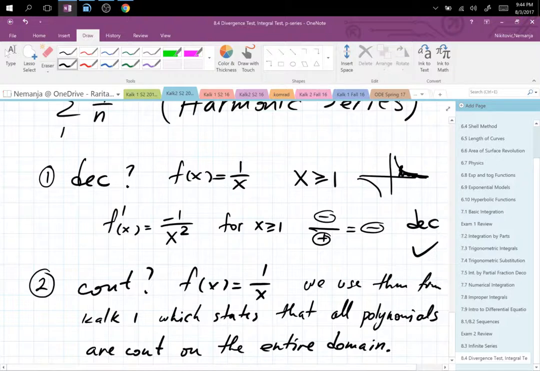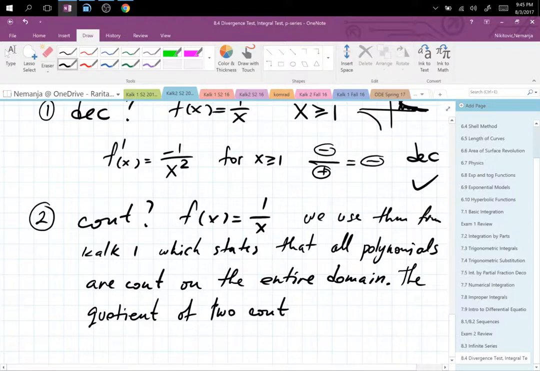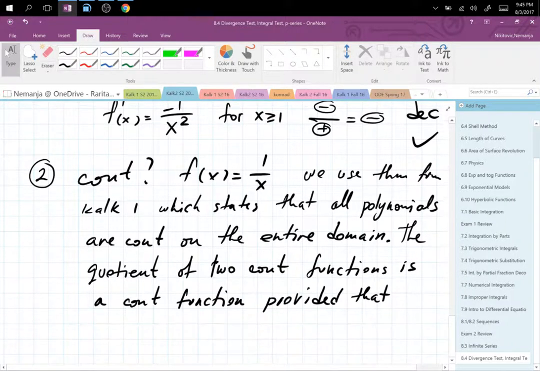Yes, you are writing sentences and paragraphs. So the quotient, this is another theorem, of two continuous functions is a continuous function provided that the denominator is different than 0.